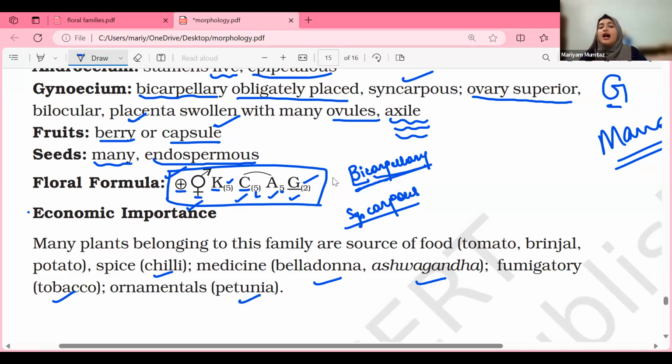Now, how can you remember which plant belongs to the family Solanaceae? I'll tell you one very silly trick, like how I always tell you stupid tricks. What I used to do when I was in class 11th, I used to think, do you know like aloo tomato ki sabzi? Your mothers may make it, right? Like aloo baigan ki sabzi.